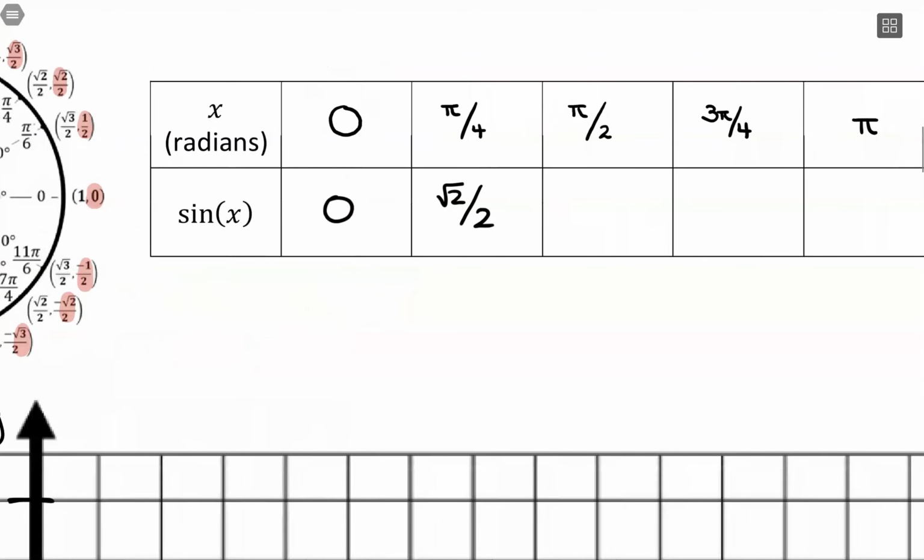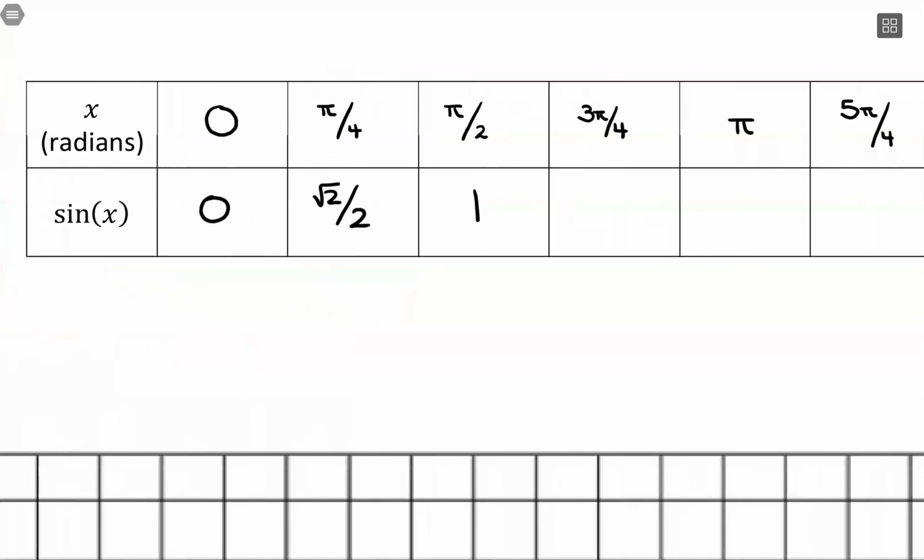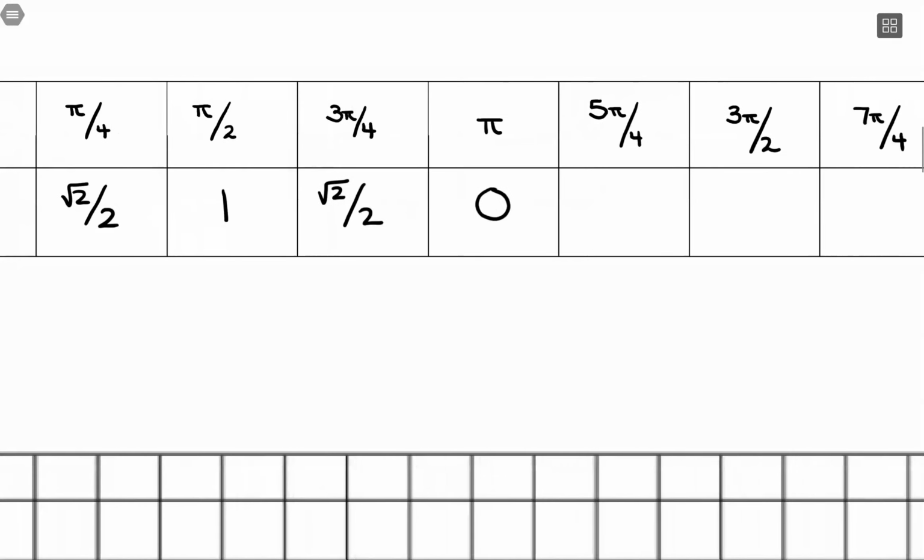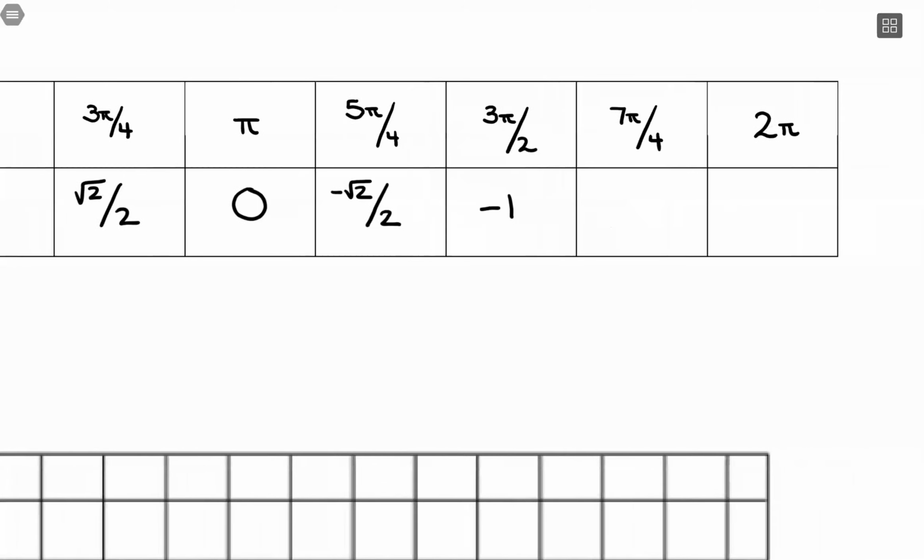At pi over 2, we're at 1. At 3 pi over 4, we're at positive root 2 over 2. At pi, we're back to 0. At 5 pi over 4, we're at negative root 2 over 2. At 3 pi over 2, we're at negative 1. At 7 pi over 4, negative root 2 over 2. And when we get back to 2 pi, we're at 0. That's where our graph is going to start repeating itself.